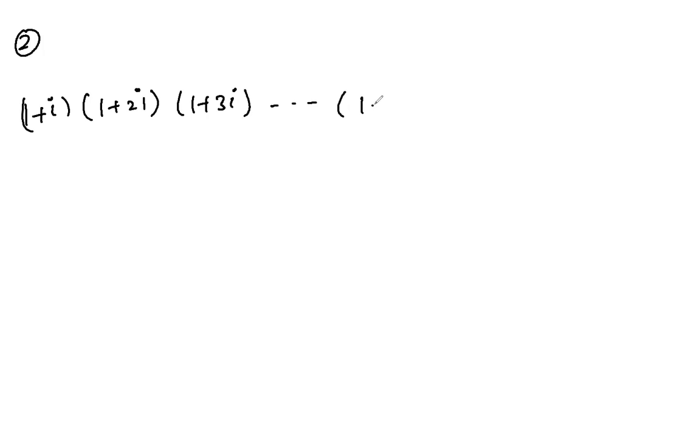Now let's talk about the second question, which says that you have a complex number in multiplicative form, like this one: the product of 1 plus i, 1 plus 2i, and so on, up to 1 plus n i, where n is a constant number. It says that this multiplication is equal to one complex number a plus ib.